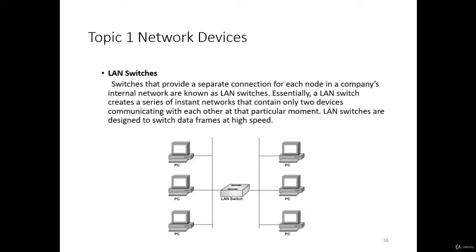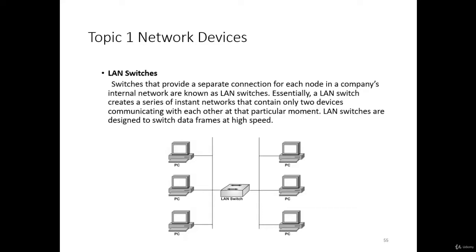LAN switches. Switches that provide a separate connection for each node in a company's internal network are known as LAN switches. Essentially, a LAN switch creates a series of instant networks that contain only two devices communicating with each other at the particular moment.